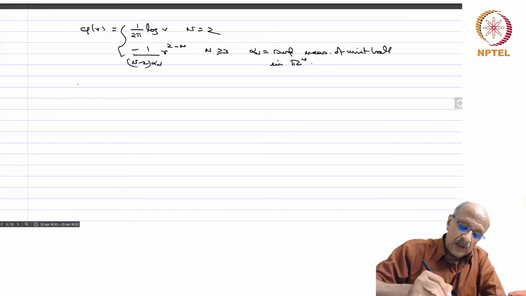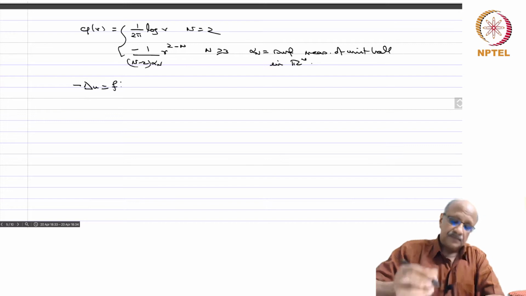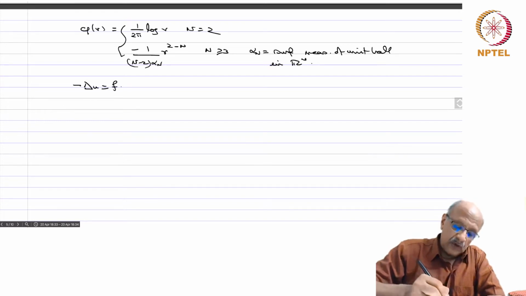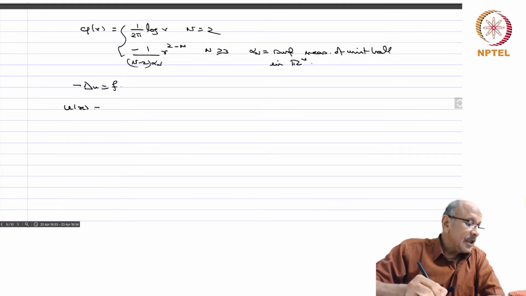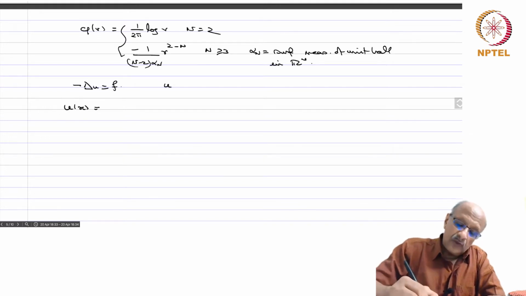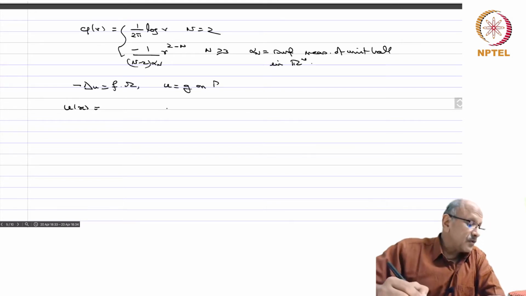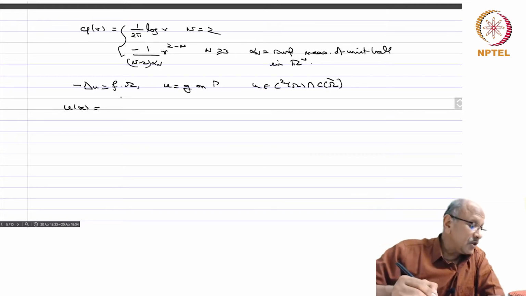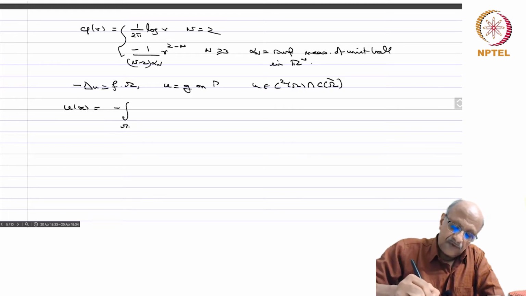So if you have that minus Laplacian u equals f, and u equals g on the boundary, then we proved that u is in C2 of omega intersection C of omega bar. So then u of x is equal to minus integral f.